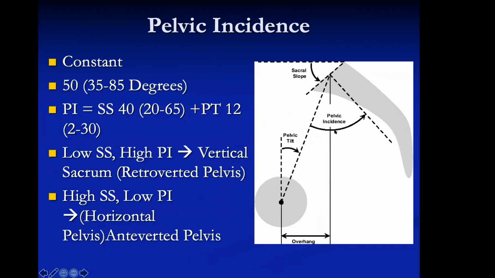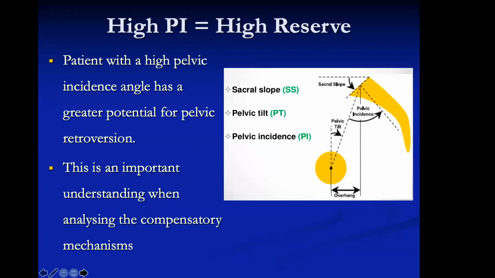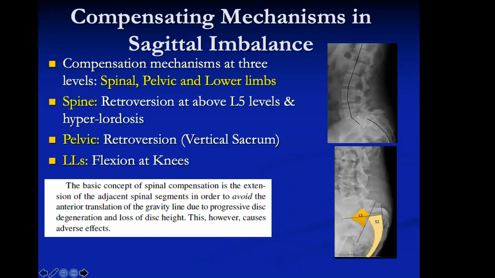So it is not only in patients who have reached their levels of compensation. It is also in persons who have lower pelvic incidence, by constitution, they cannot compensate much, and those patients who have significant disc degeneration higher up, at L4-5, L3-4, thoracolumbar region, if there is significant degeneration, then they fail to compensate.